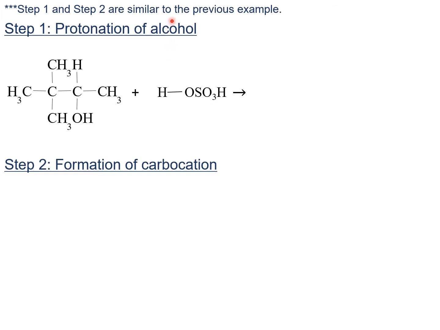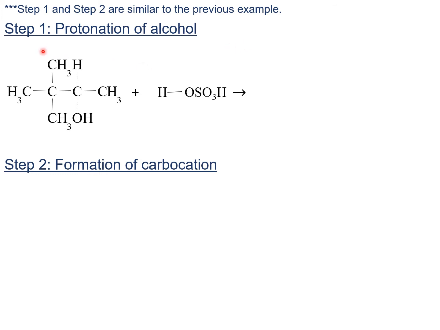As I told you, if there is a rearrangement type of reaction, for the reaction mechanism of dehydration of alcohol, step 1 and step 2 will be similar to the previous example 1. Only step 3 has something extra: you have to show the rearrangement, and then we form an alkene.